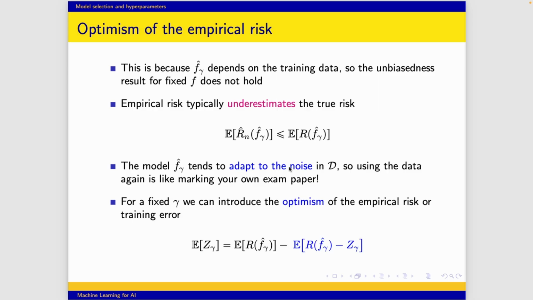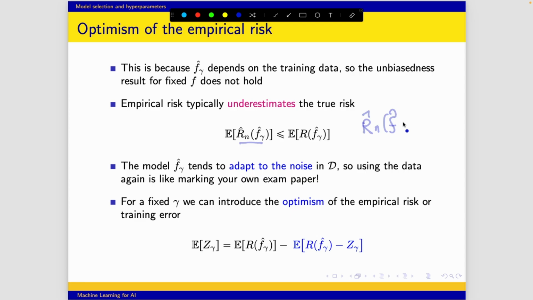So let's try to quantify this type of bias. This is another type of bias, and we can quantify it in the following way. Trivially, we can write that the expected value of Z gamma, where Z gamma is defined as the empirical risk of the ERM solution for a fixed gamma, is the expected value of the true risk of the ERM solution minus the same thing, plus this.